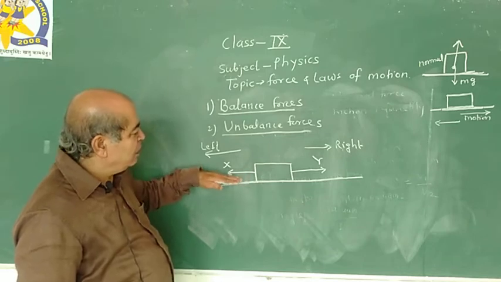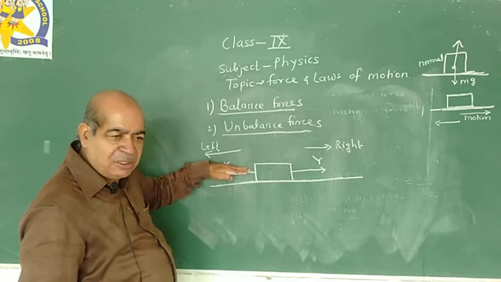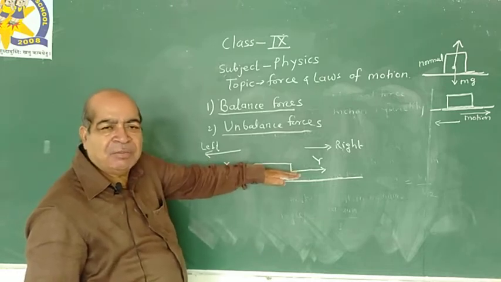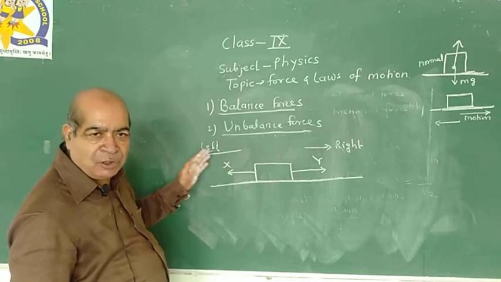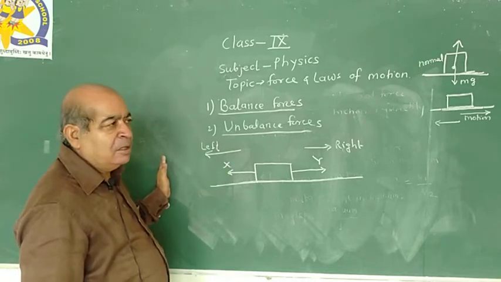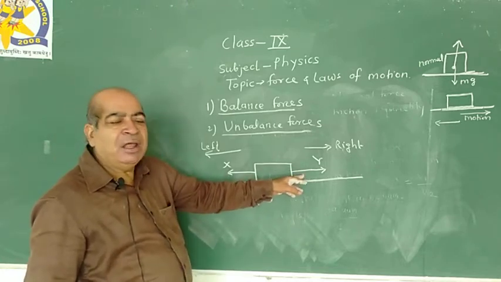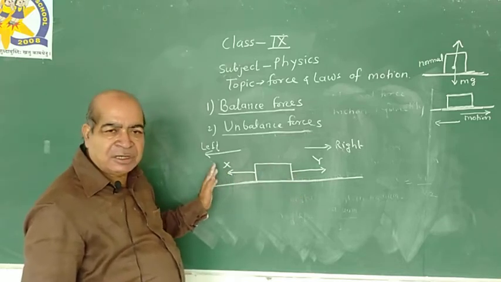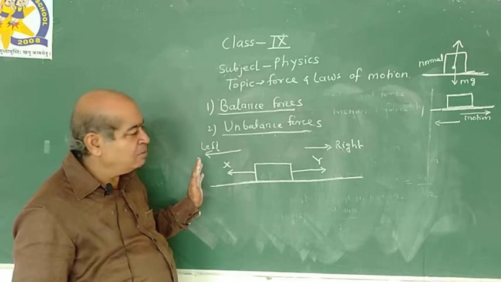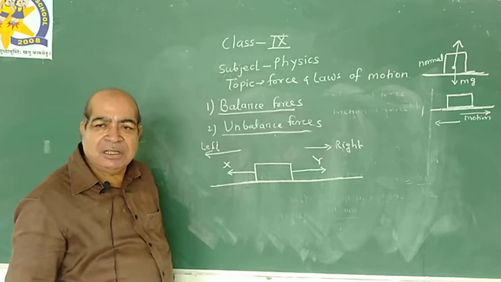Suppose only the force X is applied to the object and no force Y is applied, then the object moves towards the left. When only Y is applied and no force X is applied, then the object moves towards the right.